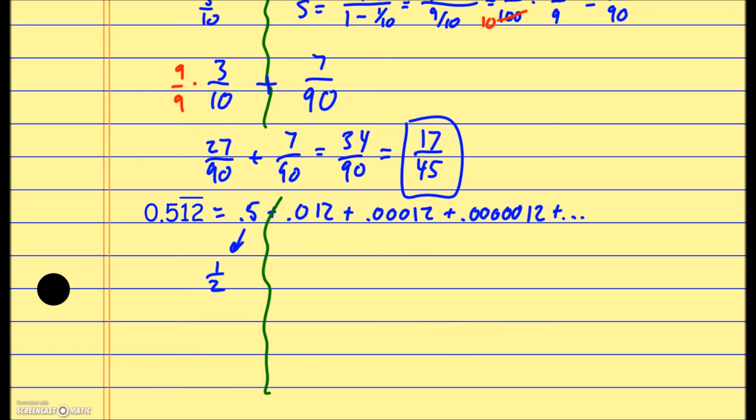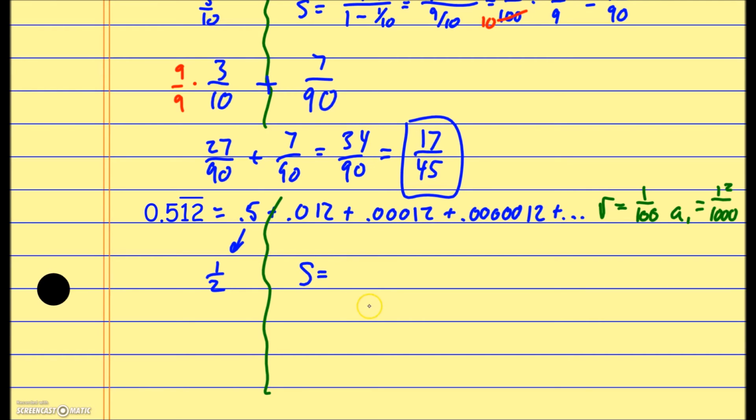So I identify the r value. In this case, I'm dividing by 100 each time, which means the r value is 1 over 100. A sub 1 is the first term, which is 0.012, which as a fraction would be 12 over 1,000. From here, I can just plug this into my sum formula.